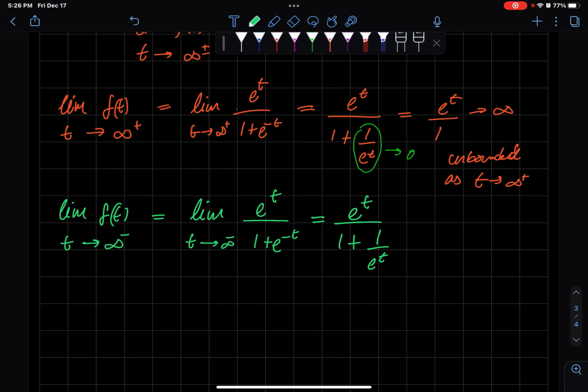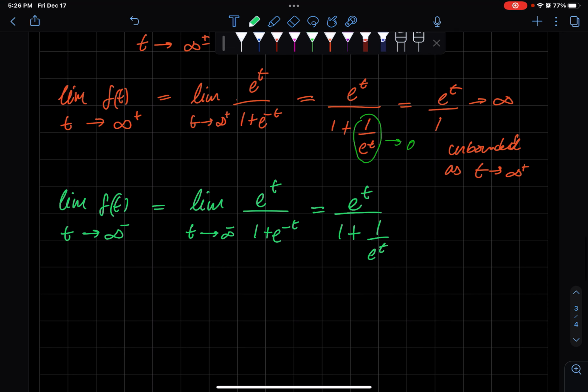Technically you can't plug infinity in because it's not really a value, but for the sake of this problem, we can say it's e to the negative infinity over 1 plus 1 over e to the negative infinity.